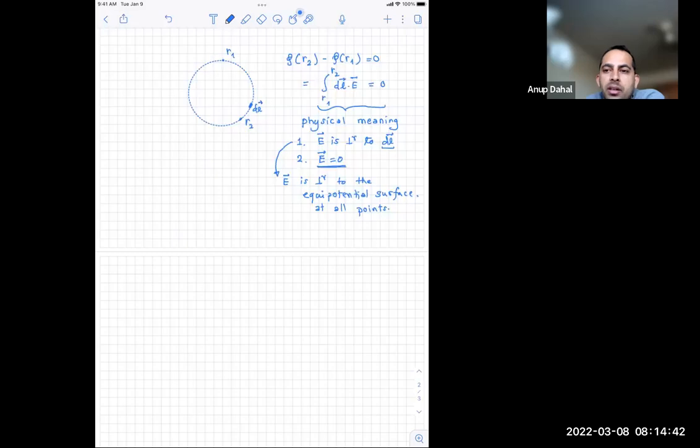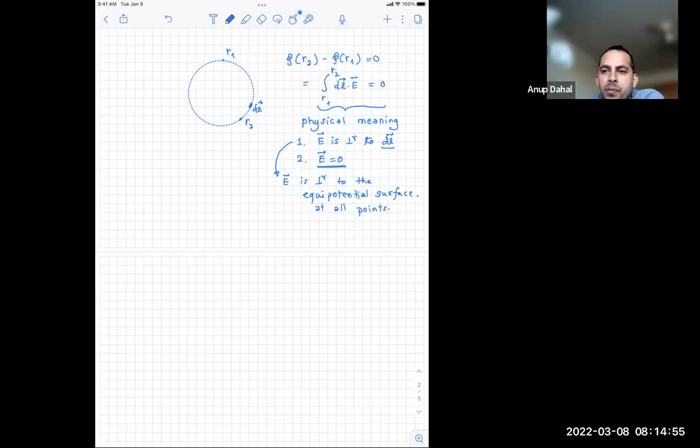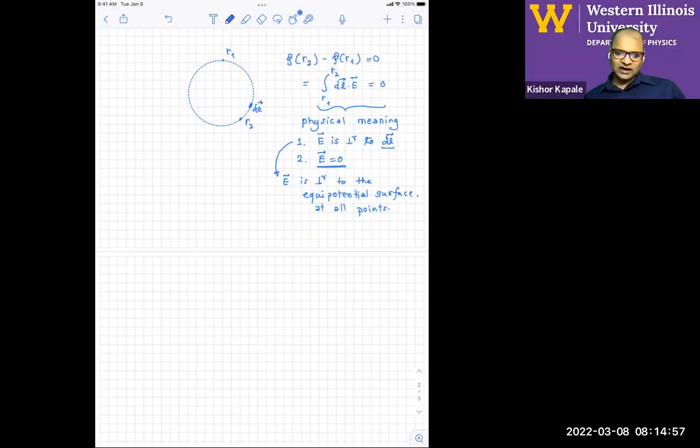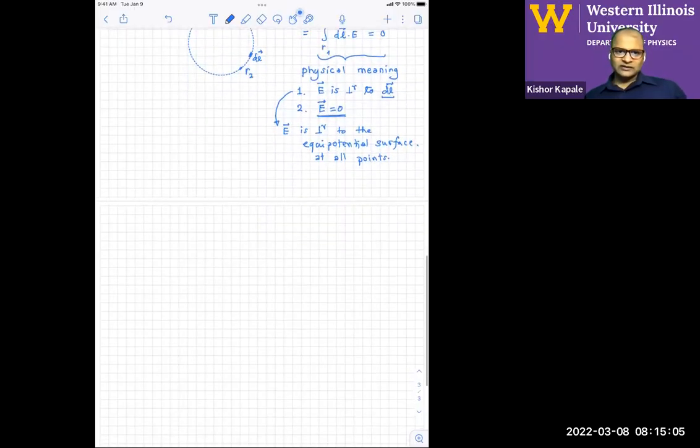It doesn't have to be exactly at the center. I may have a spherically symmetric charge distribution of any kind. It does not need to be a point charge. Does that make sense? Okay. So there is no restriction, at least in this case, as long as you have a spherically symmetric charge distribution, you're going to get spherically symmetric equipotential surfaces and radially outward electric field. So that's a simple situation.